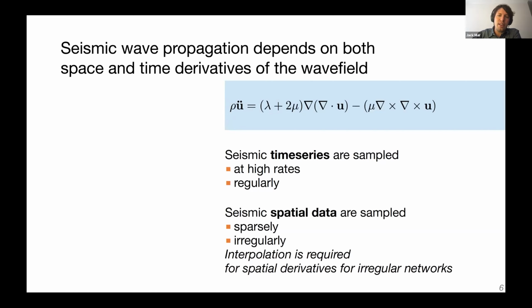Maybe in industry settings, people have access to higher density and more regular data, but certainly in research, it's very unusual to have dense regular spatial data. And this requires some kind of interpolation for spatial derivatives in order to calculate accurately the right-hand side of this equation. And this interpolation needs to work for irregular networks, because that's often what we have.